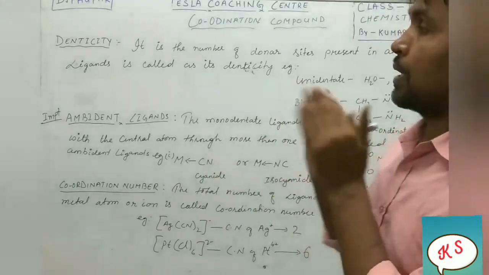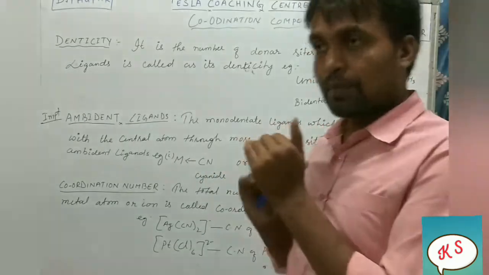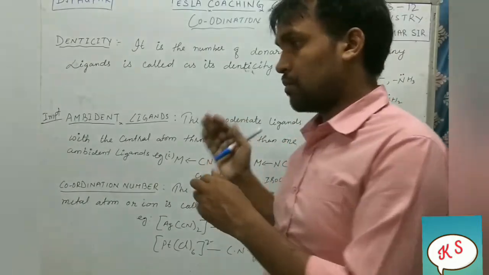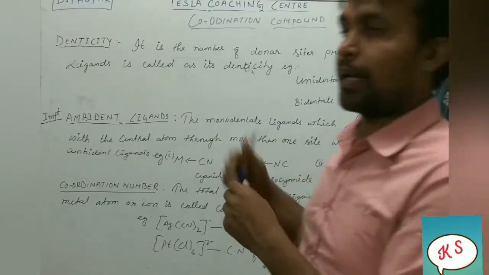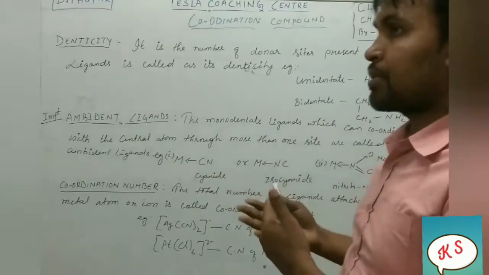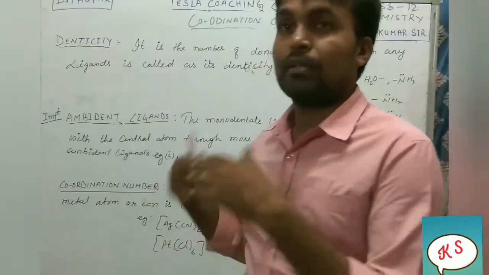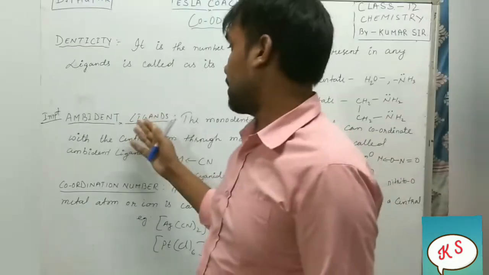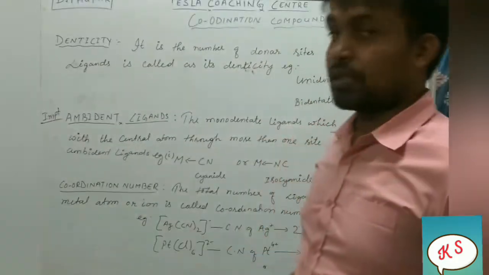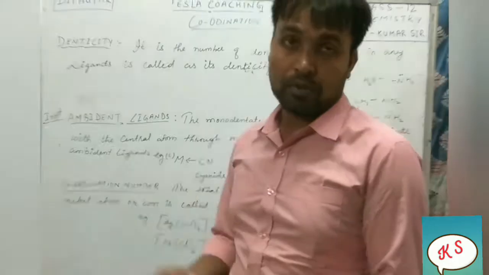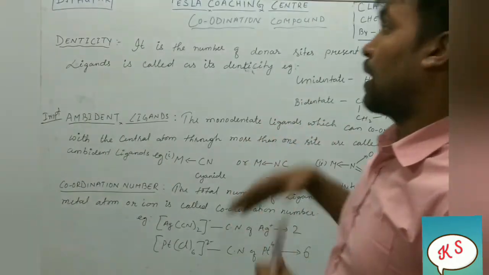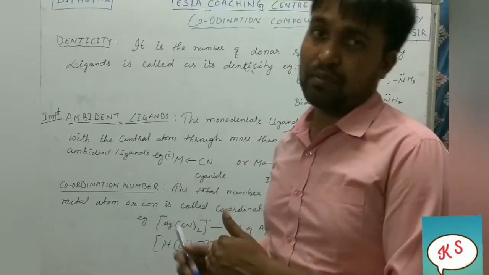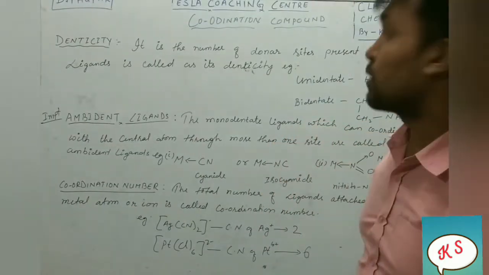Those who know can move the video forward, or else you can watch it properly so that your revision is done too. Ambidentate ligands and coordination number you studied in class 11, but still, as revision, let us do it properly, step by step. This chapter is very interesting.